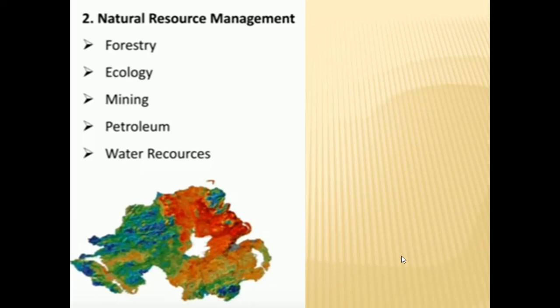In mining also GIS is used for monitoring soil, vegetation, surface and groundwater. By using these geospatial technologies, we can easily find petroleum and water related works. Groundwater pollution zones also we can easily find out.